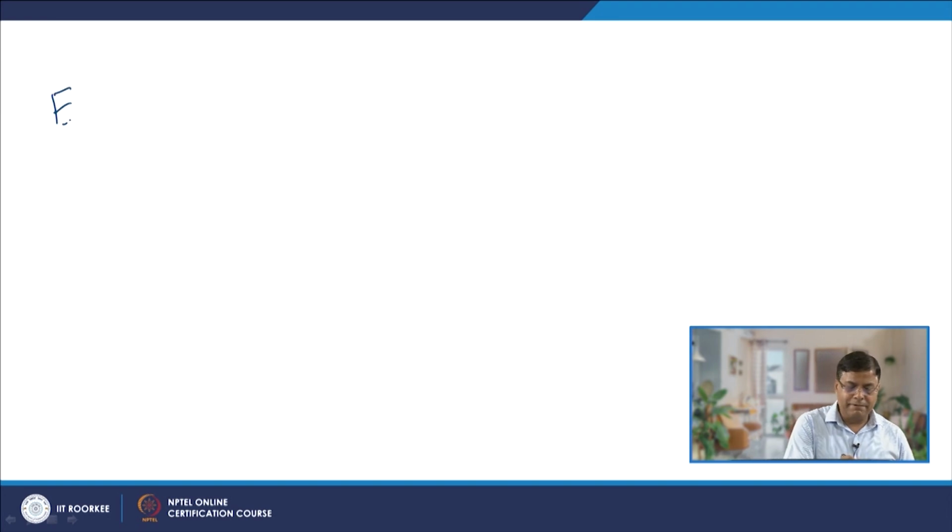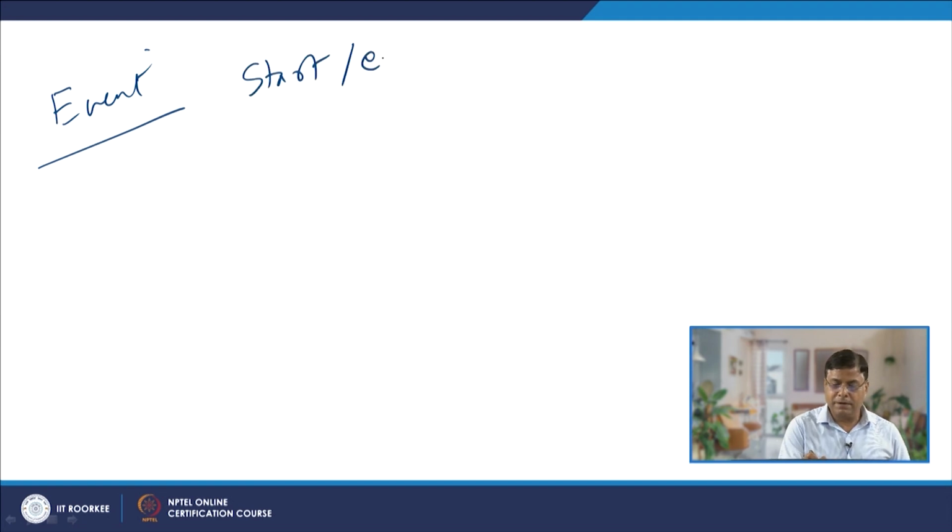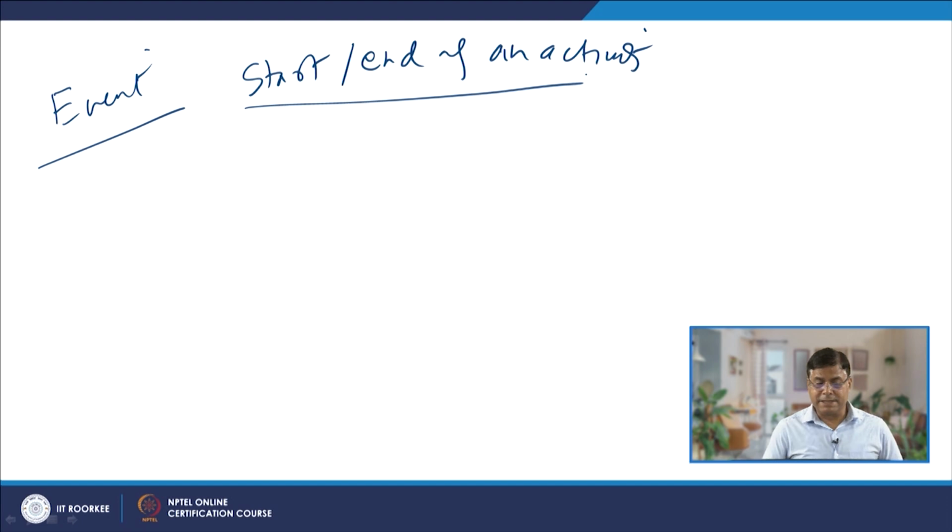Similarly, we have the event. Event means it shows the start or the end of an activity. This start and end of an activity indicates the event, and it is shown by a node, which is basically a circle.